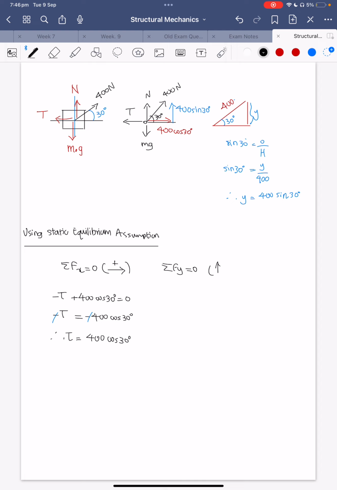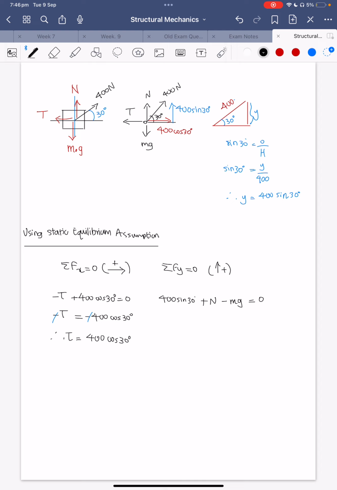Yes, that is simple. However, in the exams, maybe they will ask what is the normal force, right? And I assume that if you go up, it's positive, and if you go down, that is negative. So here, 400 sine 30 is positive. So right here, I won't put any sign because it's positive itself. And my normal force is positive. So I put N as positive, and then the weight is negative, right? Because it's going downwards. mg is negative.